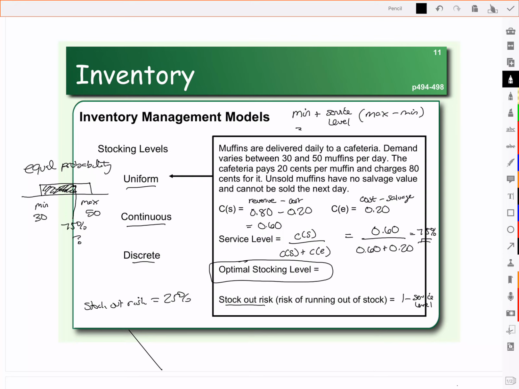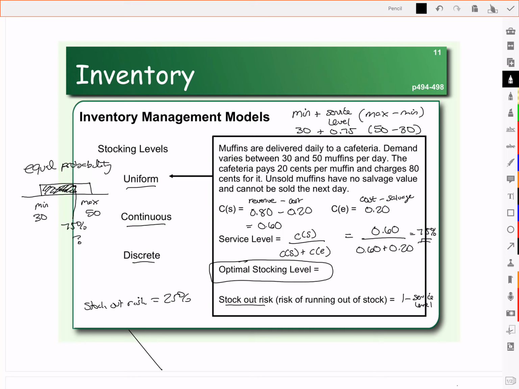So we know we need at least 30 muffins, but we want to have enough on hand 75% of the time. The difference between 50 and 30 is 20 muffins. We need to make sure that we're somewhere between 30 and 50 muffins, but we need to have enough 75% of the time, so we need to add 75% of the difference between the min and the max.